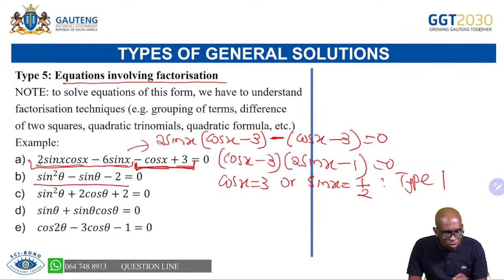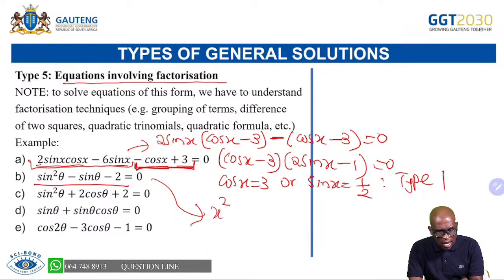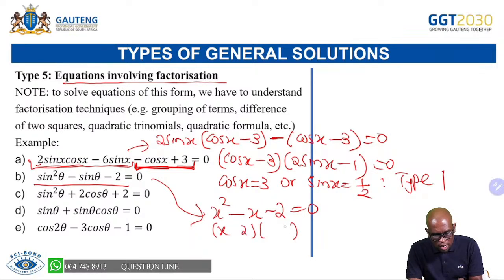Also here, you can see that this thing here is the same as what? If you let sine theta be x, this was x squared minus x minus 2 equals 0, which can be simplified to x, 2 and 1, minus and plus.